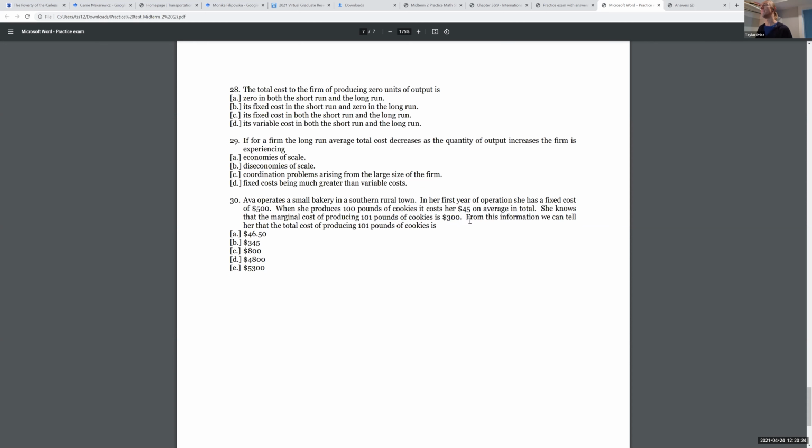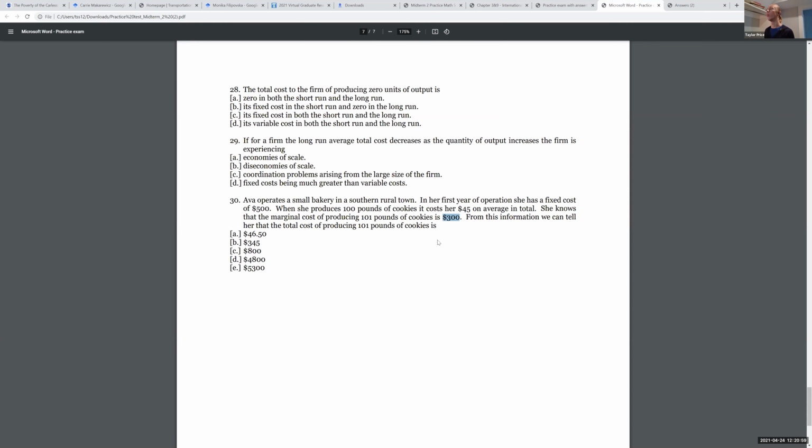So basically, what you can do for this question is ignore the 45, because this piece is actually not relevant. What they tell you here is you have her fixed costs, and then you have the marginal cost of producing the 101st pound of cookies is $300.